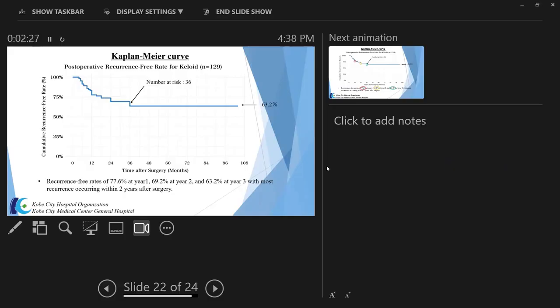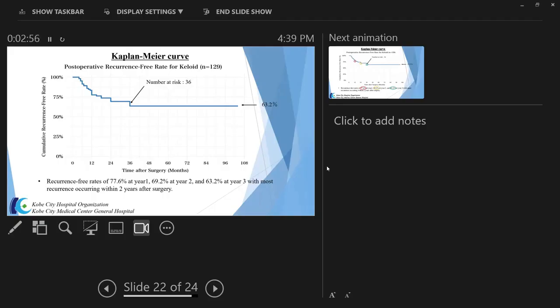I just want to briefly share this from Professor Akeda's slide set, John, that you were talking about. This Kaplan-Meier curve of recurrence after surgery is very important. As you can see, there's 100% no recurrence immediately after surgery, but then gradually recurrences occur, mostly in the first 12 months, then 24 months, and some recurrence at 36 months, and then they haven't identified recurrence past 36 months.